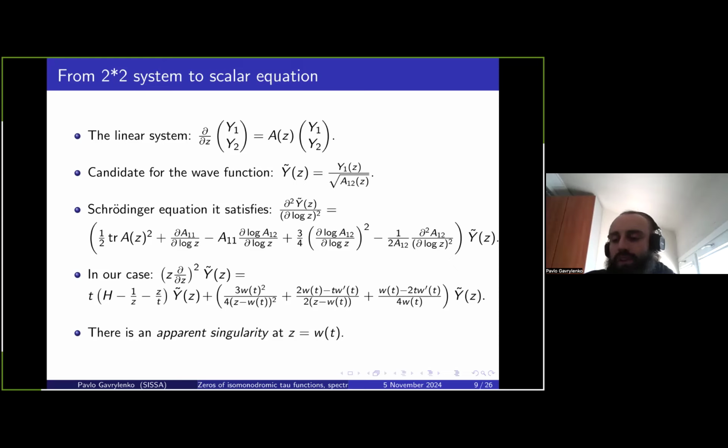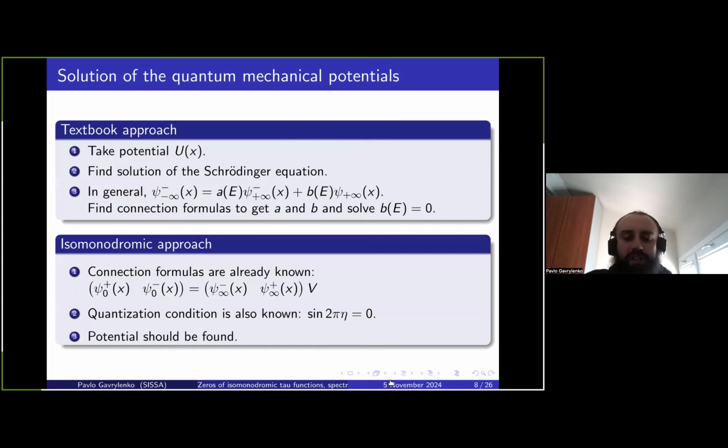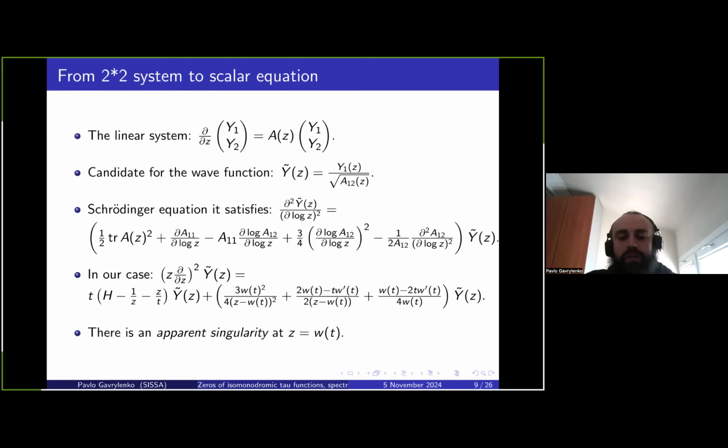So it is something which we definitely don't like at the moment. And the problem of getting rid of this term is precisely this last point in the isomonodromic approach. We need to find what to do with this extra correction.